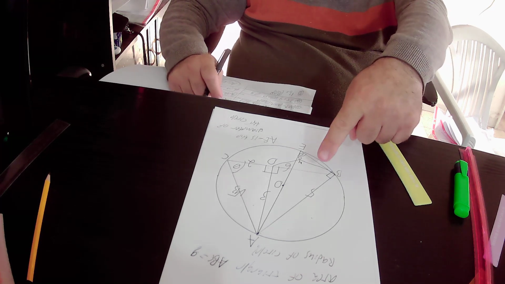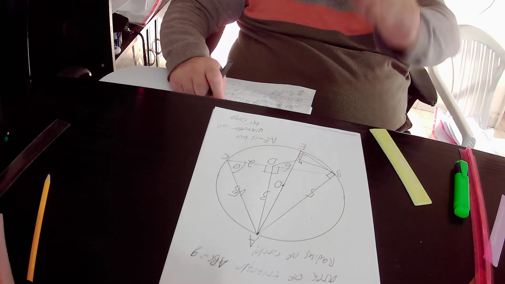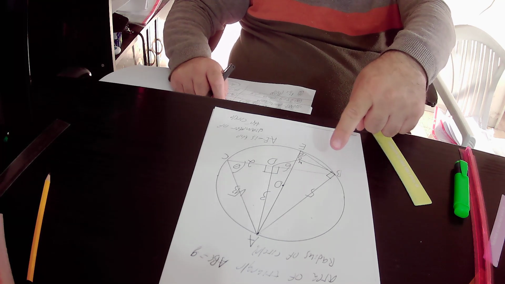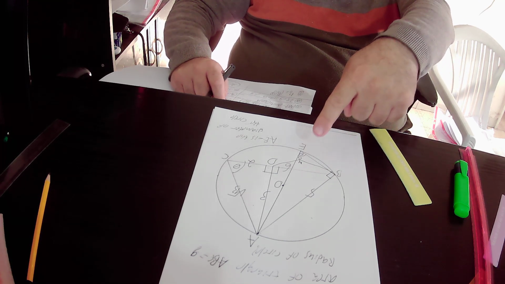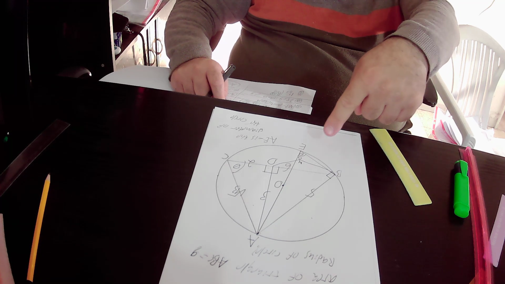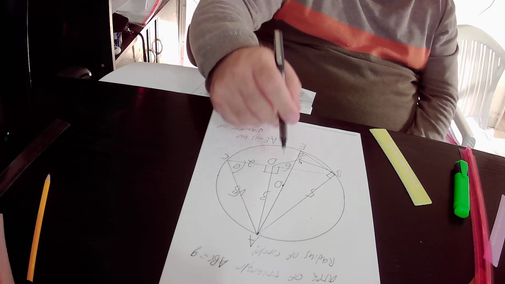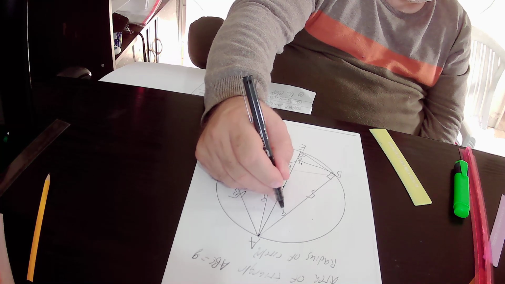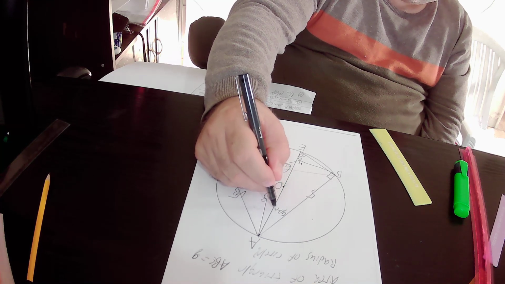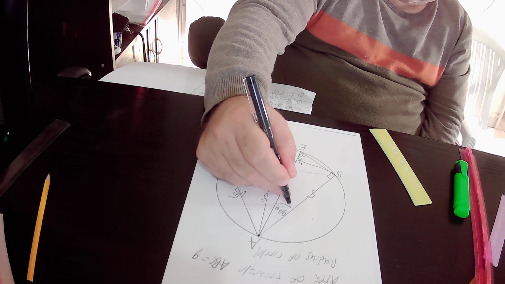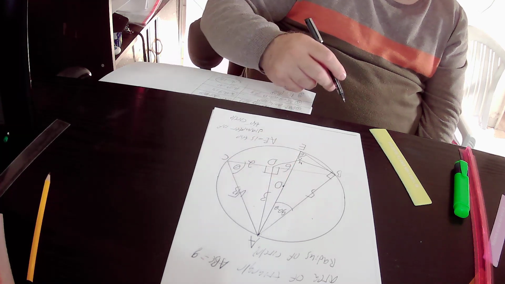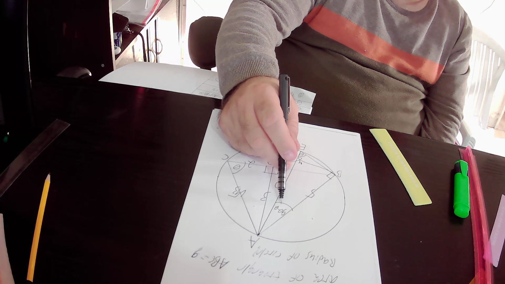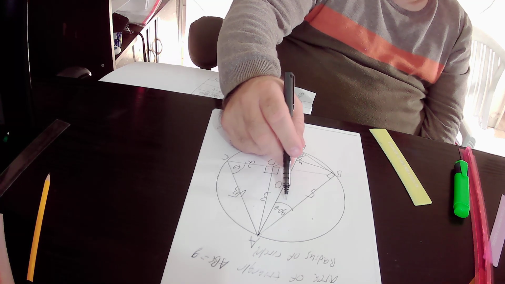Here, triangle ABE is a right triangle. We know that angle ABE equals 90 degrees. Angle AEB equals theta. Therefore, angle BAE must be equal to 90 degrees minus theta in order to complete the sum of the angles in triangle ABE to 180 degrees.